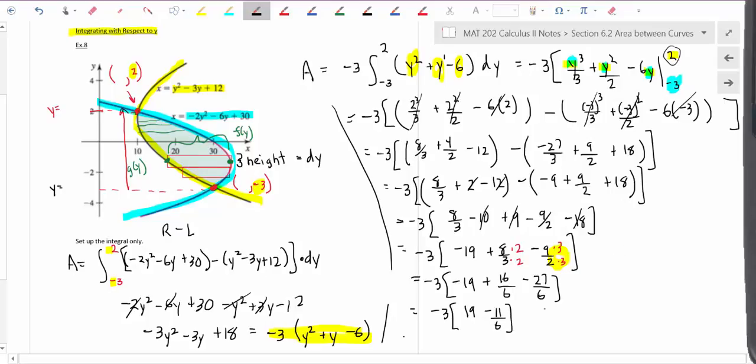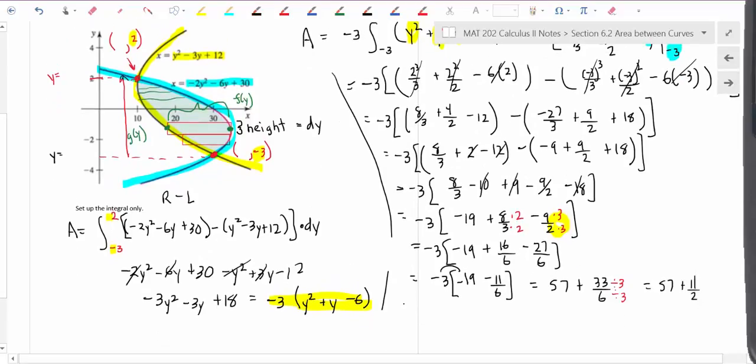And then if I multiply by 3, I'm going to get -3 times -19, which is 57, and then plus 33/6. Actually this fraction right here reduces, so you can reduce that by 3. So you would get 57 plus 11/2, and then we should be able to get a common denominator and finish this up.